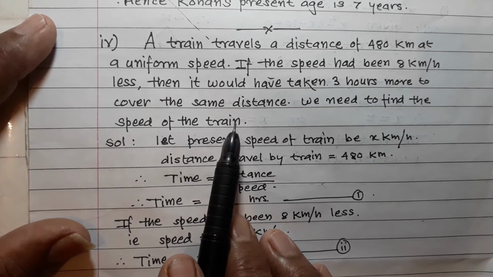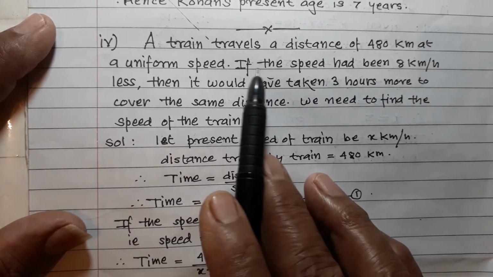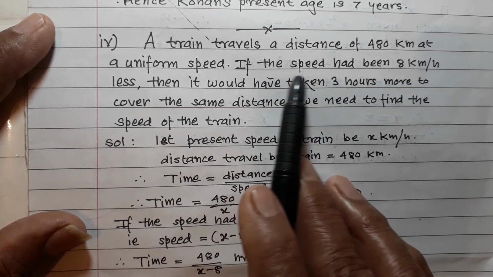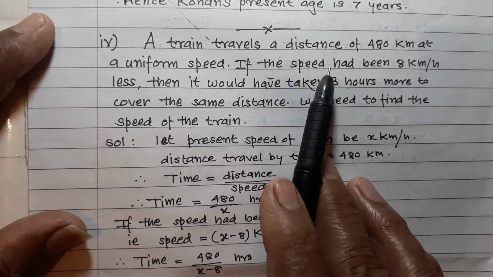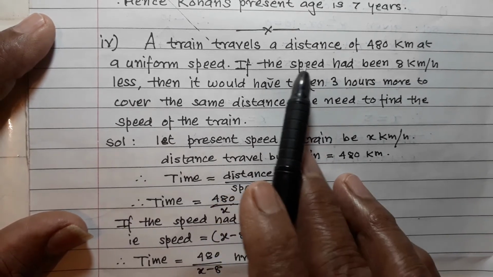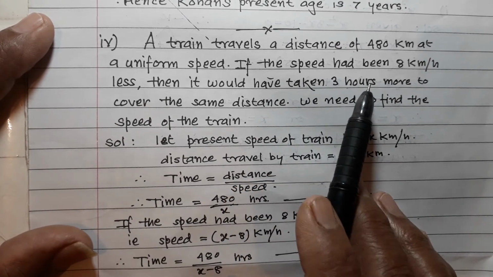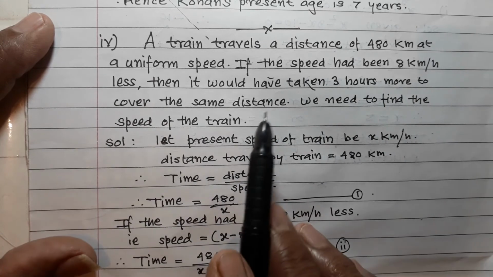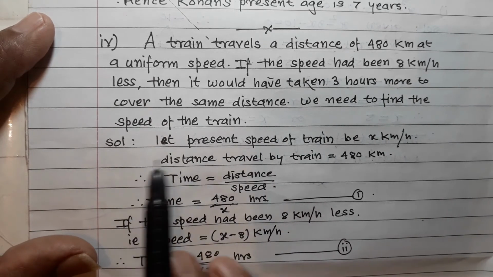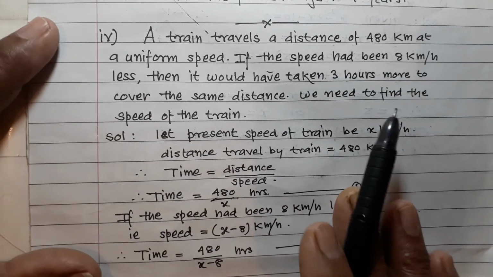Okay. Now you know if the speed is decreased, then obviously the time taken to travel a particular distance is more. So this thing you remember here, and now try to understand the solution.